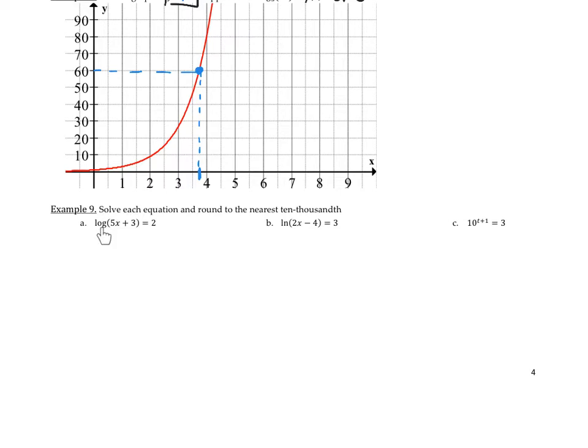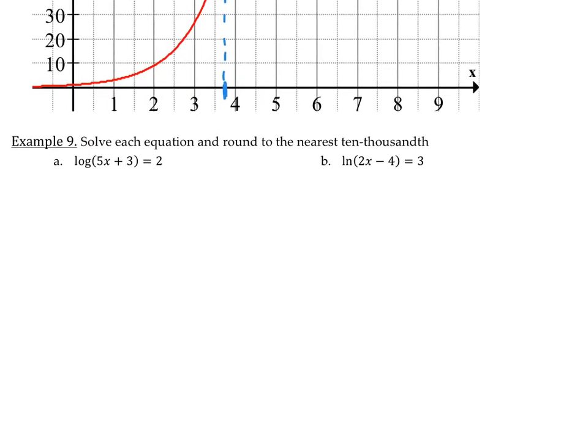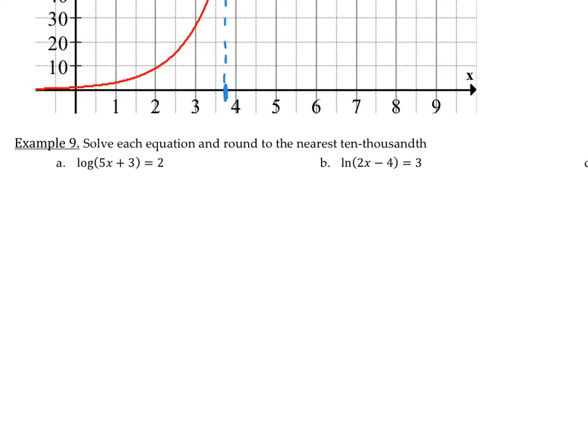So the next problems ask us to solve and to round each equation to the nearest 10,000th. So this says log of 5x plus 3 equals 2. Well, what we need to do is recognize that a regular logarithm means log with a base of 10. So this says 10 squared equals 5x plus 3, or 100 equals 5x plus 3.